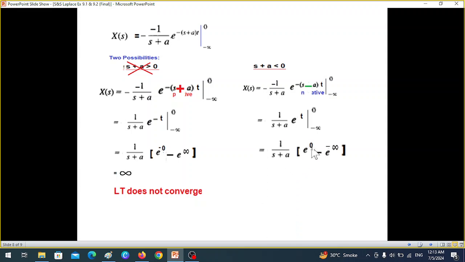Plugging in the limits, e raised to the power 0 minus e raised to the power minus infinity. We just learned in the previous example that this will become 0. This is 0, this is 1. So our final answer is 1 over s plus a, and this has a finite value. So we can say that the Laplace transform is finite, or it converges, under this condition.